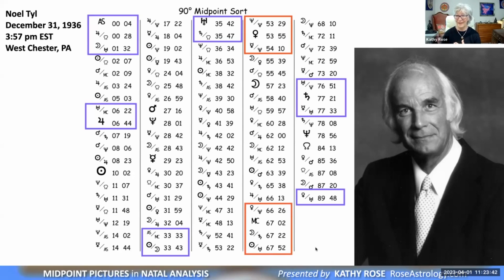Feel that, right? Let's look at these midpoints in purple, the ones that I think are very much connected with his astrological mind and career. Ascendant at the Aries point. AP equals ascendant. He was highly visible, period. Well, he was almost 7 feet tall, but he had that in his chart too. Look at this Aries point midpoint down here at 29, Venus, Uranus. Ascendant equals Venus, Uranus.